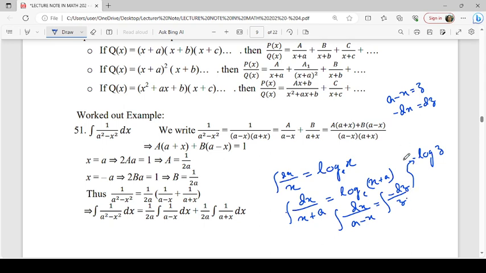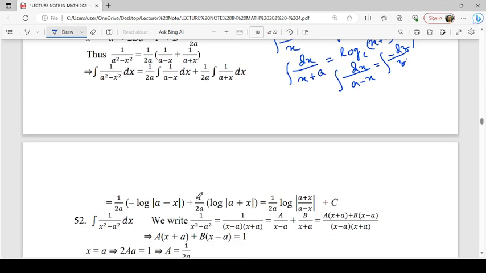Z is a minus x, so this is equal to minus log of a minus x. So integration of 1 by a minus x is minus log of a minus x.